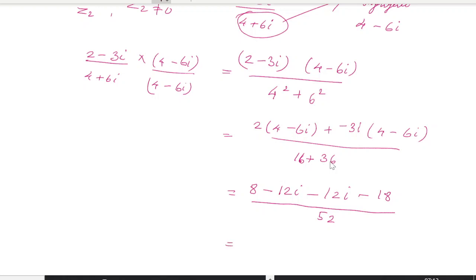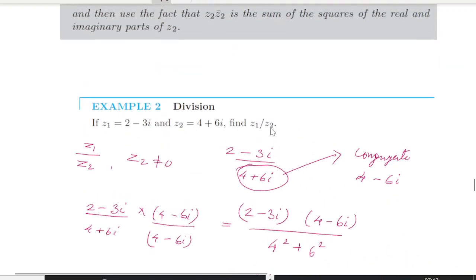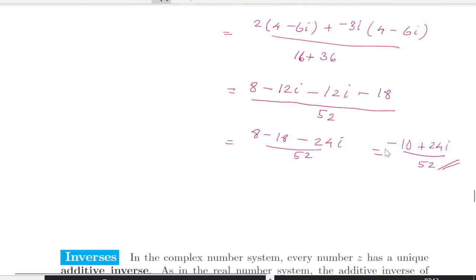So this entire quantity will reduce as 8 minus 18 minus 24i by 52, that is minus 10 minus 24i by 52. So this is the quotient when you are dividing this complex number with 4 plus 6i.